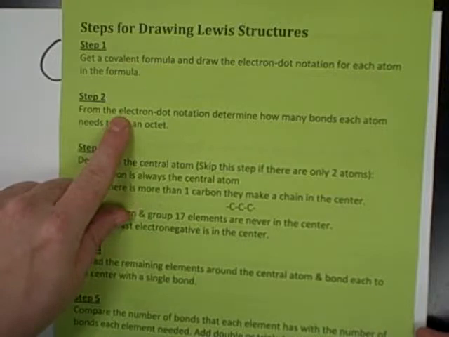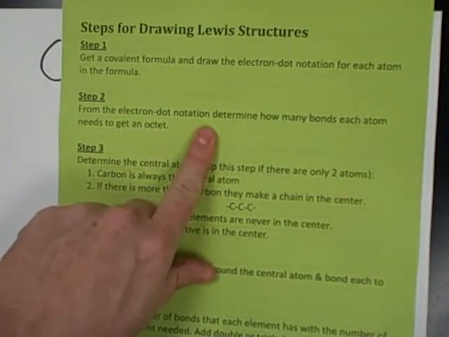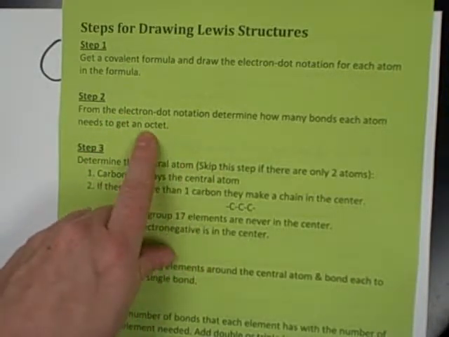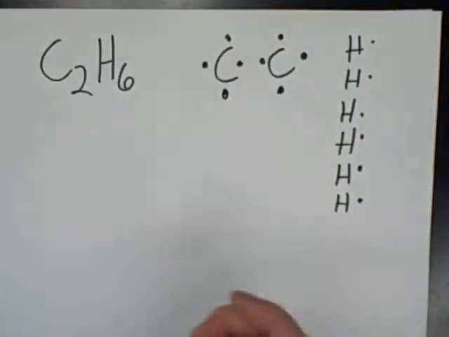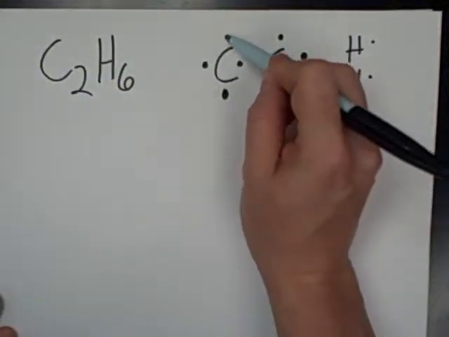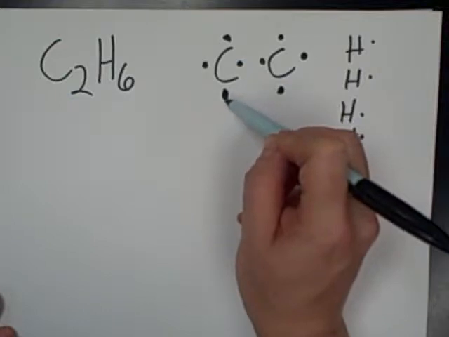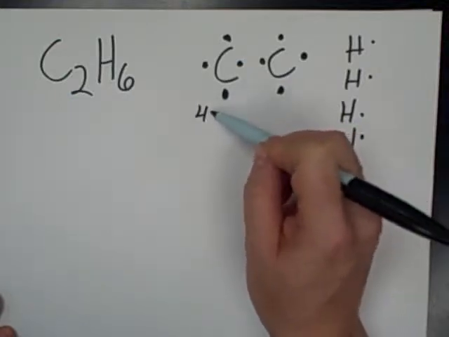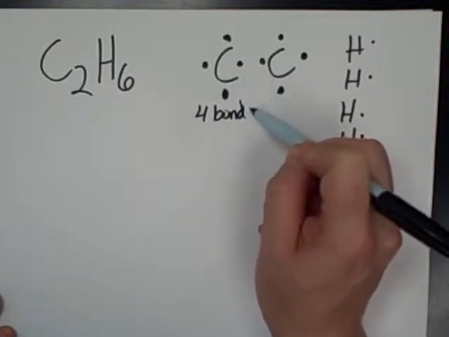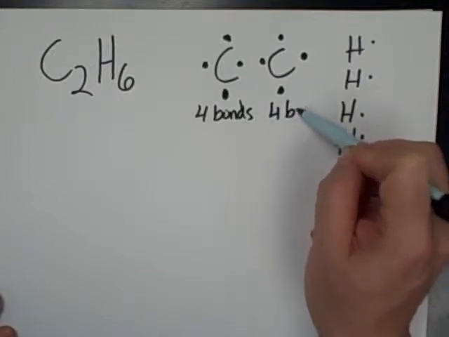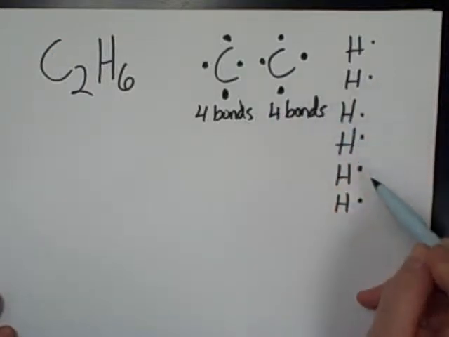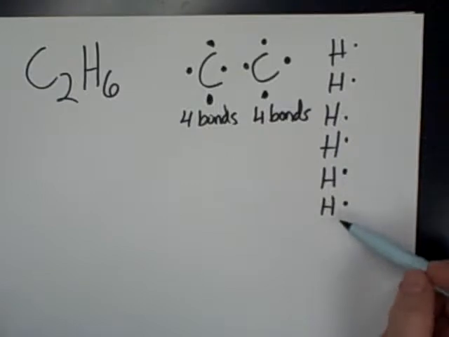Step 2, from the electron dot notation, determine how many bonds each atom needs to get to an octet. So we already know from our last problem that this carbon has 4 bonds and needs 4 bonds. So 4 bonds here and 4 bonds here. Now, hydrogen, on the other hand, has 1 bond.